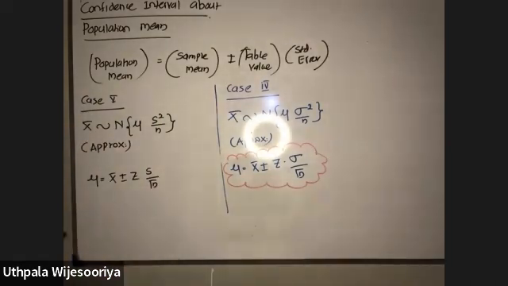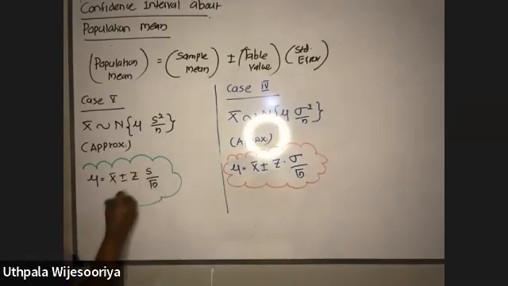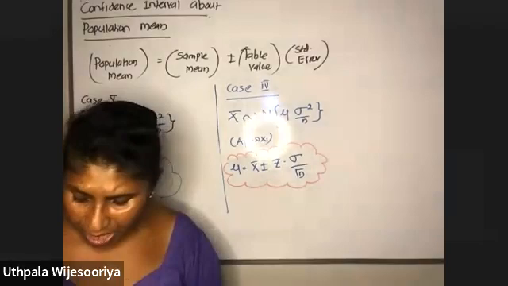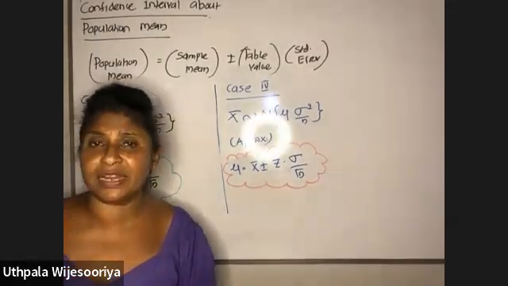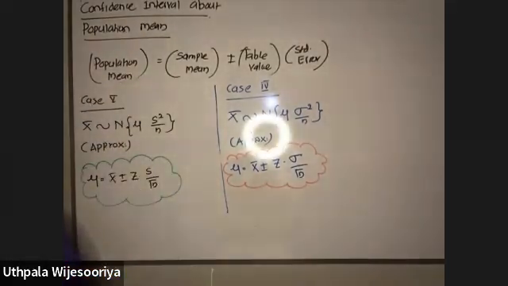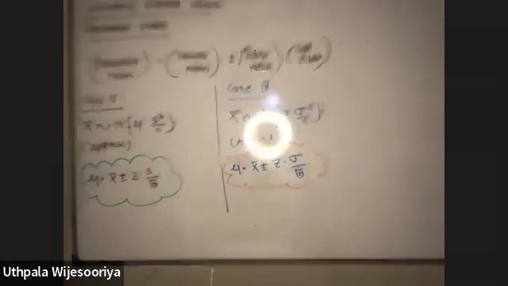Now these are the 5 different formulas relevant to each case. So that is the confidence interval about the population mean mu. So you must write the correct formula by reading the question and understanding well what the case is.